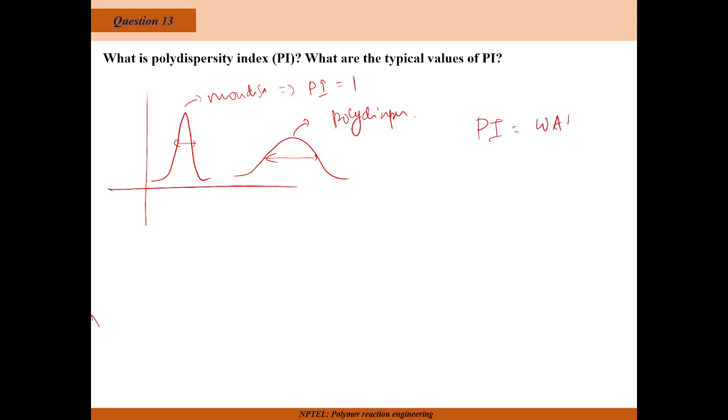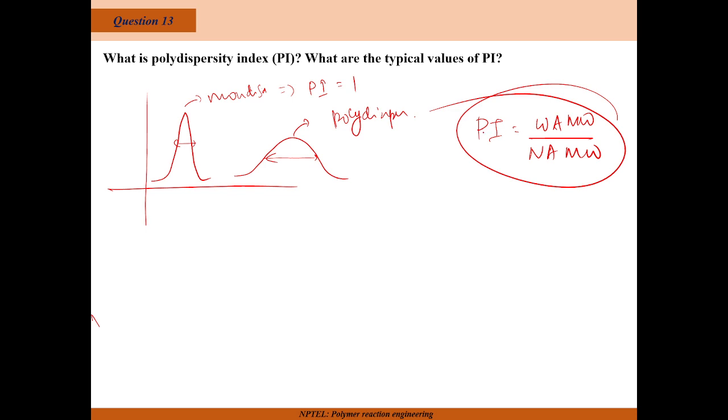The ratio between these two is our PI. In general, for monodispersive polymers, the value of PI is 1, and for polydispersive, it will be greater than 1.